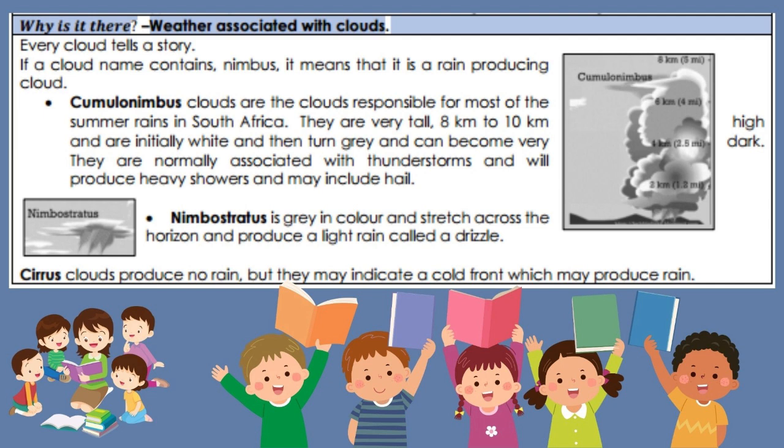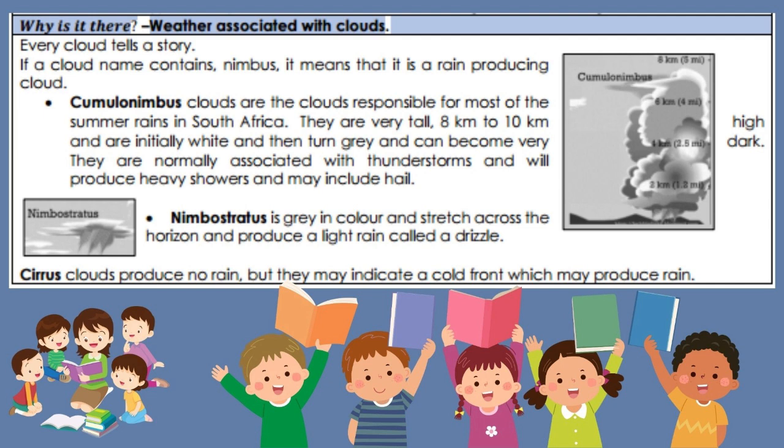Every cloud tells a story. If a cloud name contains nimbus, it means that it is a rain-producing cloud. Cumulonimbus clouds are the clouds responsible for most of the summer rains in South Africa. They are very tall, 8 kilometers to 10 kilometers high, and are initially white and then turn gray and can become very dark.